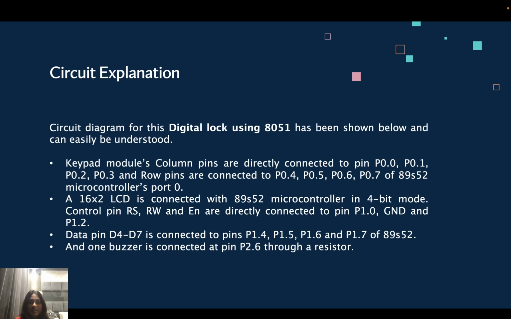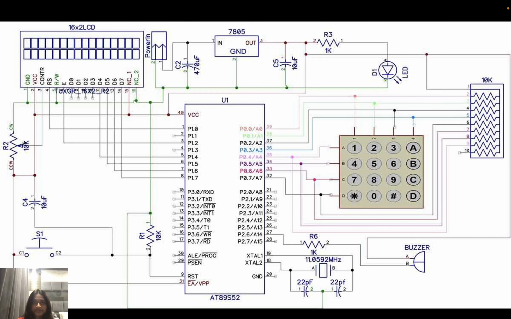An LCD is connected with the 8051 microcontroller in 4-bit mode. Control pins RS, RW, and EN are directly connected to pins P1.0, GND, and P1.2. Data pins D4 to D7 are connected to pins P1.4, P1.5, P1.6, and P1.7 of the microcontroller, and one buzzer is connected at P2.6 through a resistor. You can see the circuit diagram.